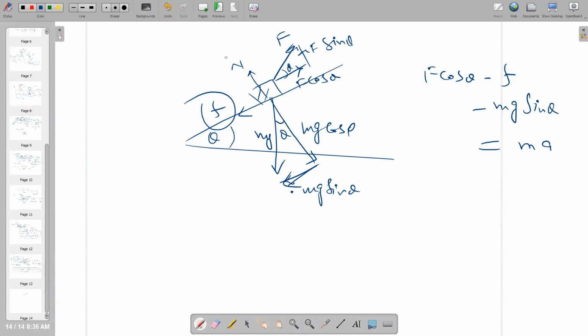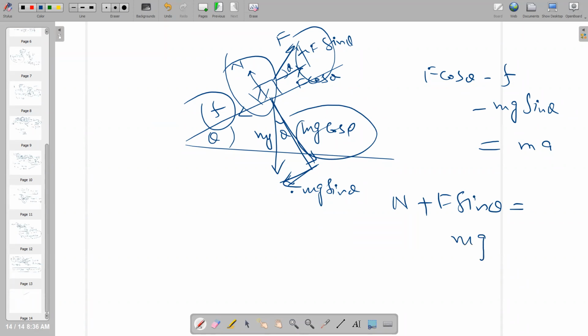If you want to write in the vertical direction, upward force is this one and this one. So N plus F sin theta is equal to downward force, mg cos theta. You can write like this.